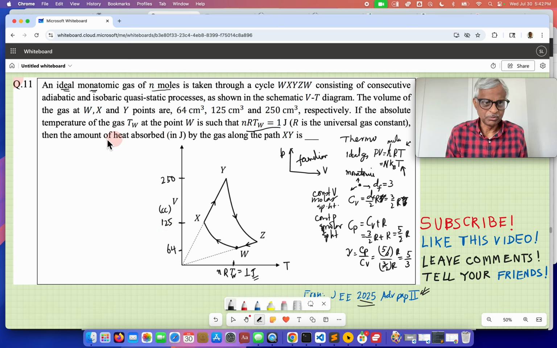And what are we supposed to find? The amount of heat absorbed in joules by the gas along this, so this is Q_XY. So temperature goes up and volume goes up, then the pressure is actually constant.